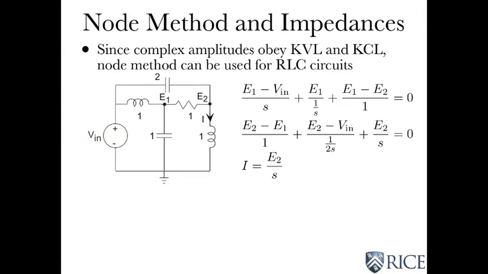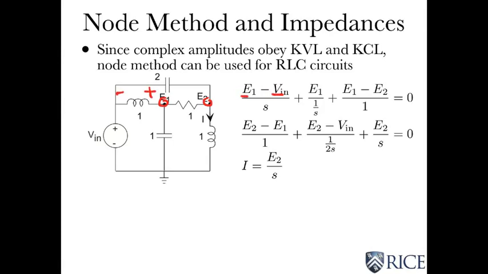Here are the two KCL equations for node 1 and node 2. And now, instead of resistance, you're dividing by the impedance. So let's see, E1 minus Vn, well, that's this voltage.